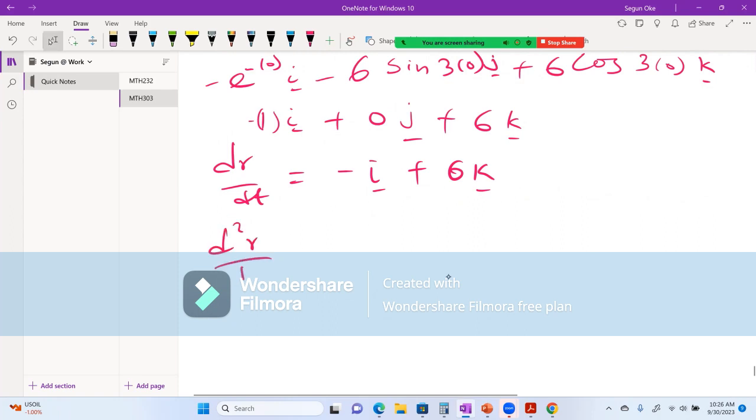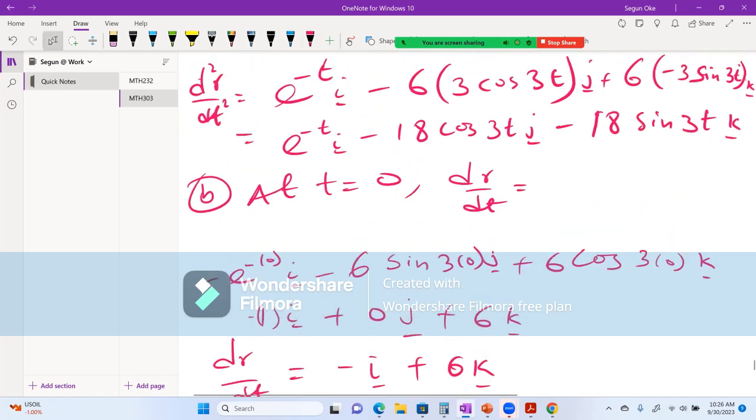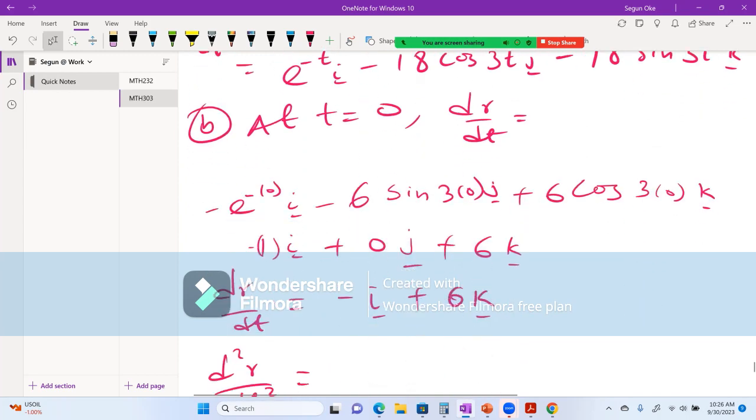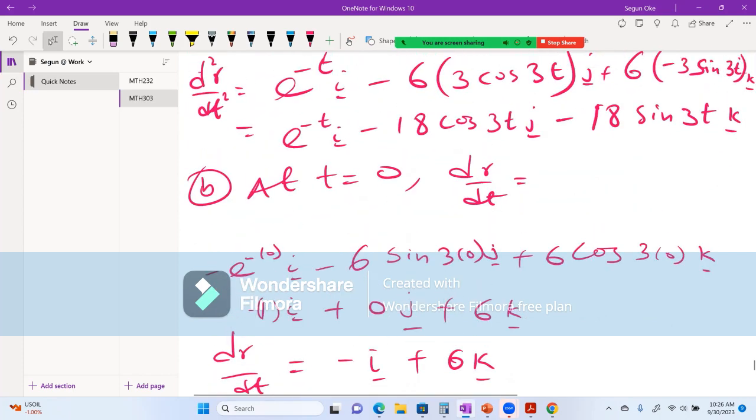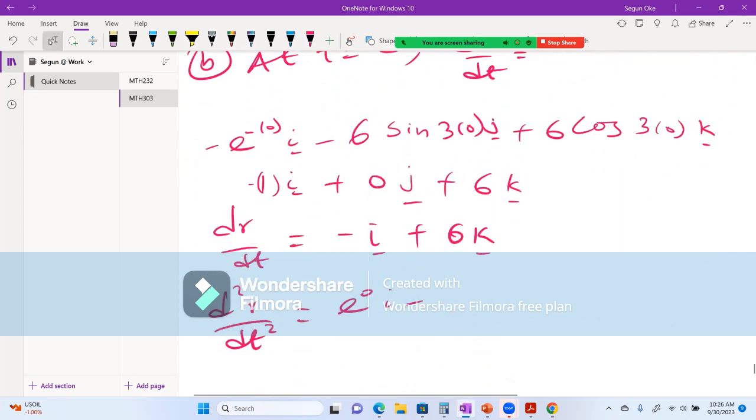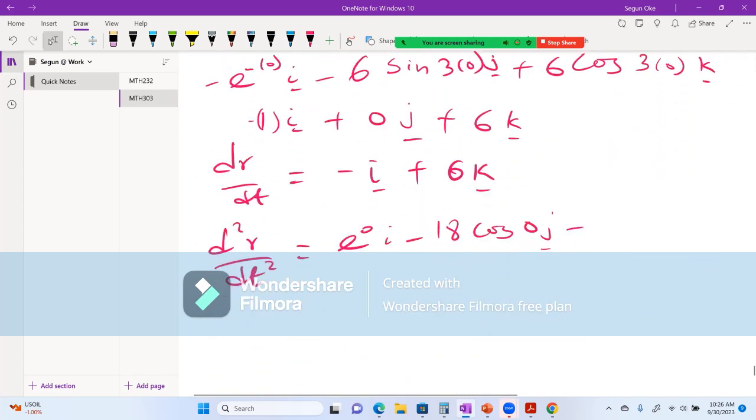So can we do the second one? d squared r over dt squared: anywhere you see t, put 0. You have e^0 i, minus 18 cos 0 j, minus 18 sine 0 k.